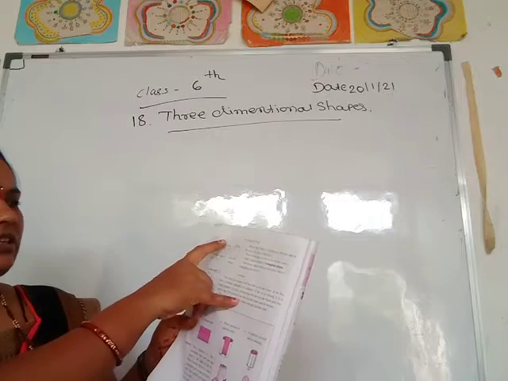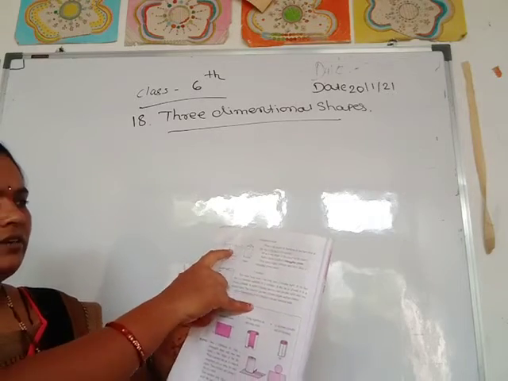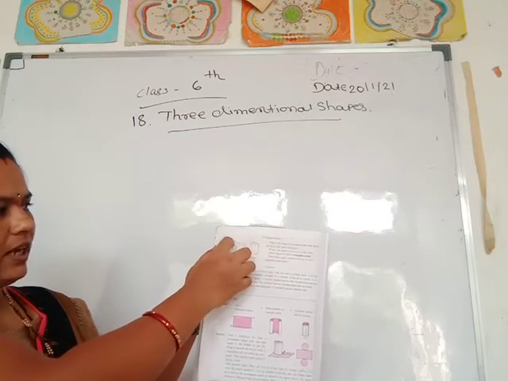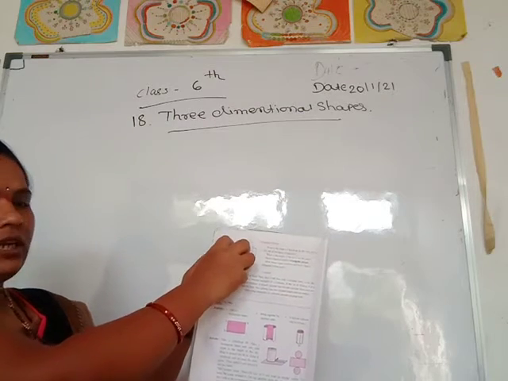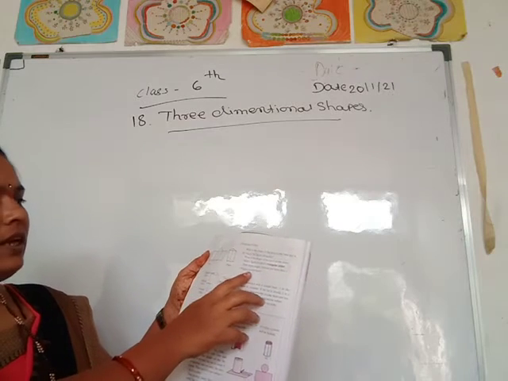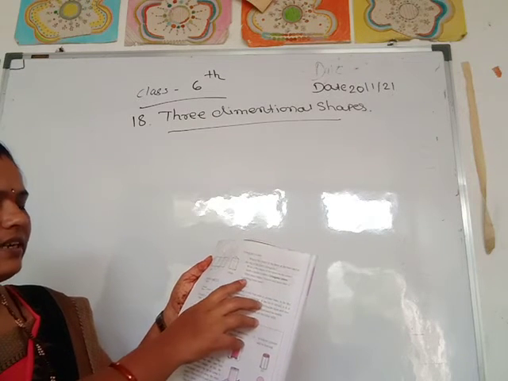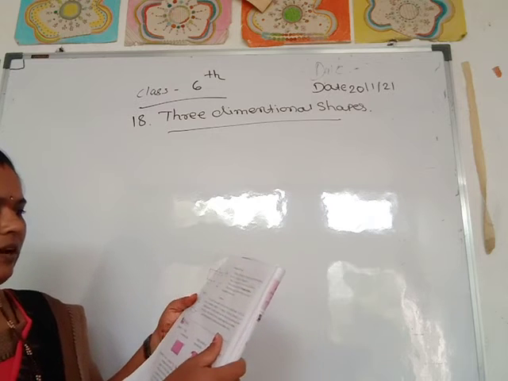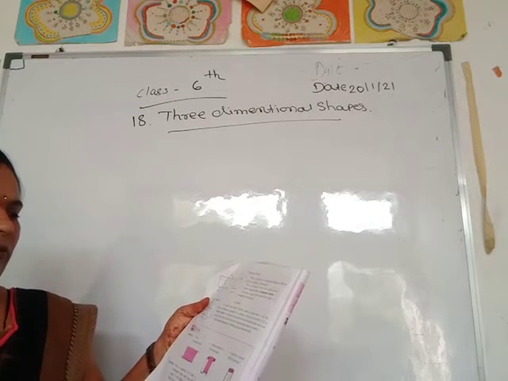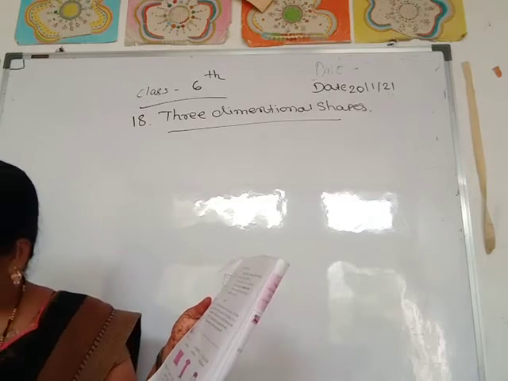Such a figure is called a triangular prism. The front side of this figure is triangular and it is a prism, so it is a triangular prism. How many edges, vertices and faces does a triangular prism have?